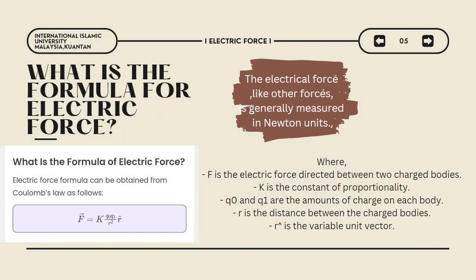What is the formula for electric force? The electric force formula can be obtained from Coulomb's law as follows. F equals K times Q0 times Q1 over R squared times R hat, where F is the electric force directed between two charged bodies, K is the constant of proportionality, Q0 and Q1 are the amounts of charge on each body, R is the distance between the charged bodies, and R hat is the variable unit vector.